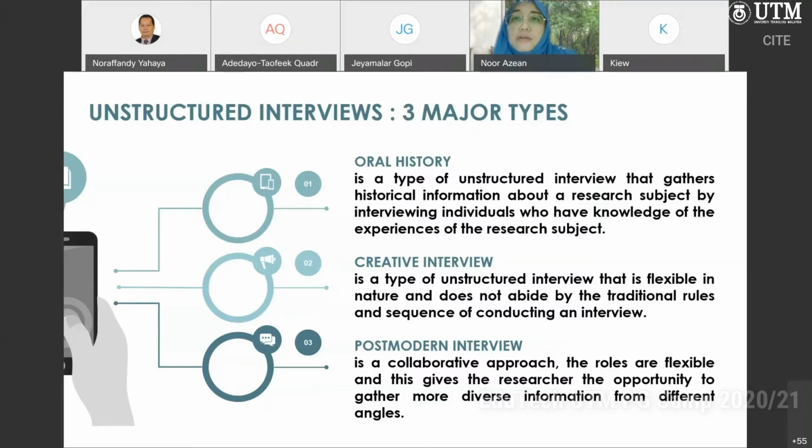It aims at gathering different perspectives, which we don't know, of the experience in order to arrive at objective findings. So from their oral history, they guide us to other things, right?